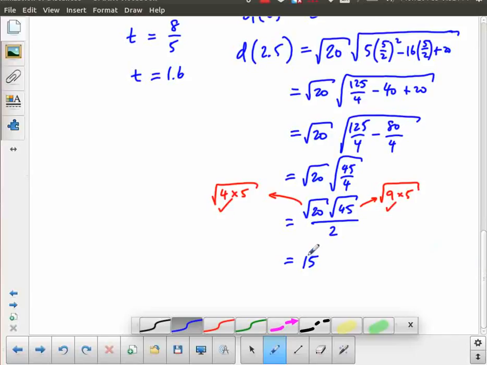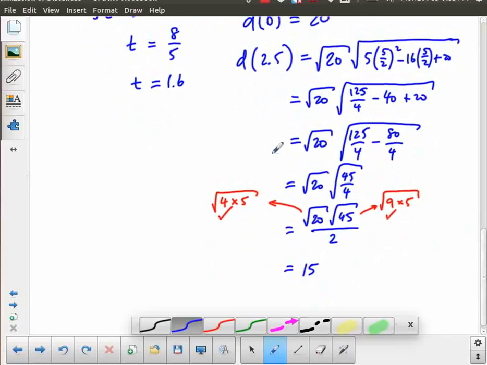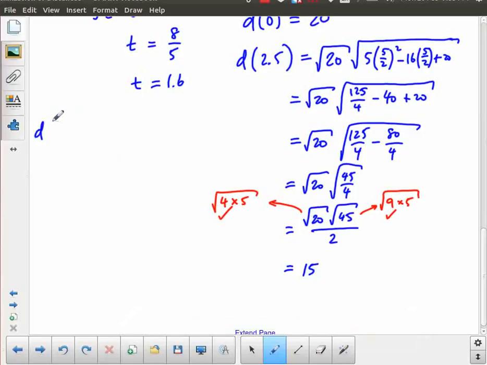Okay, so we've got a value of 20, we've got a value of 15, so now what we have to do is find out whether or not this is a minimum. Could be that this one's a minimum. 20 obviously isn't the minimum, but this one could be the minimum. So now I also have to try d of 1.6.